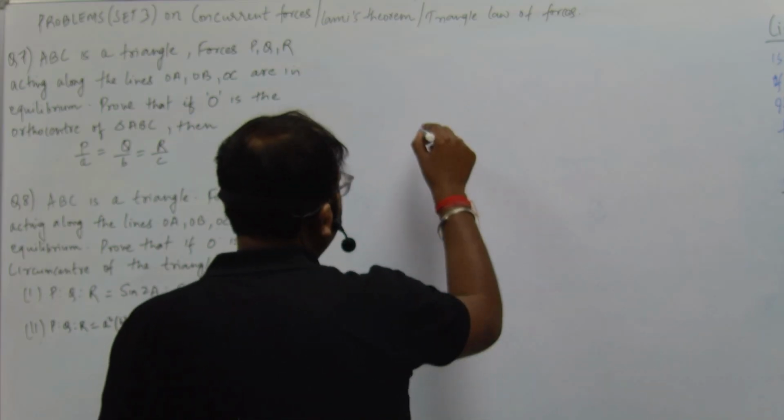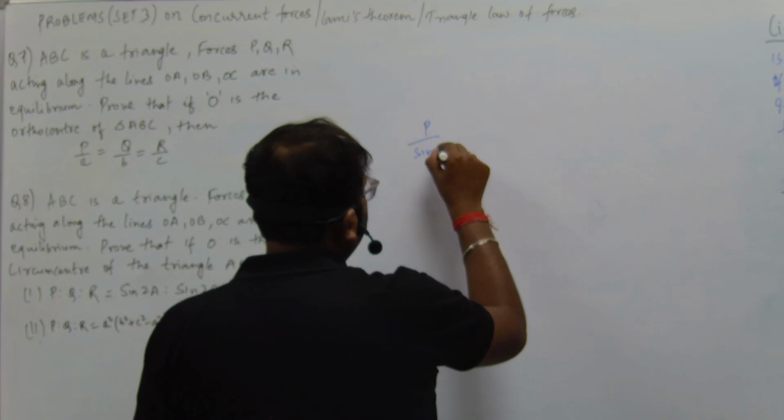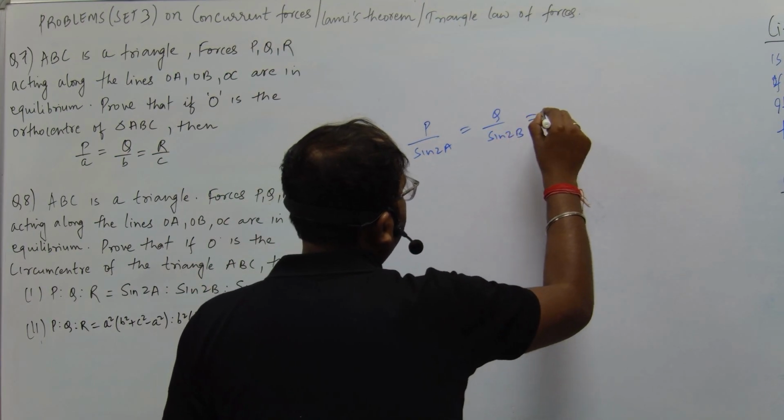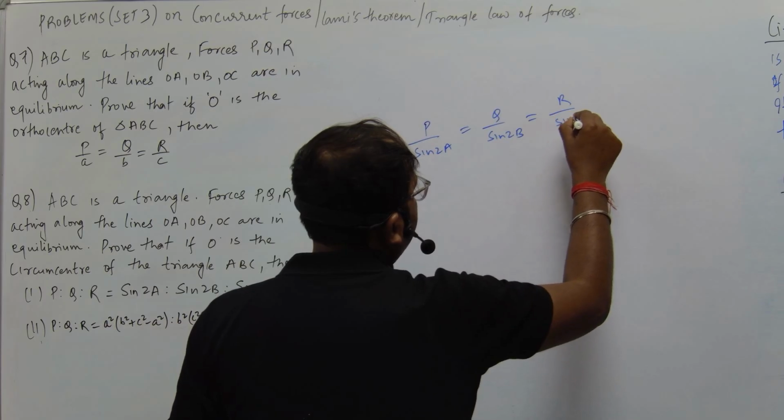So we have P upon sine 2A is equal to Q upon sine 2B is equal to R upon sine 2C.